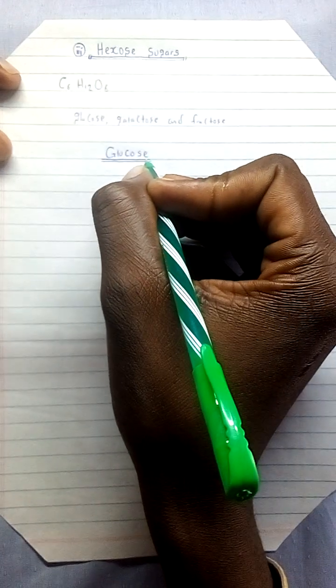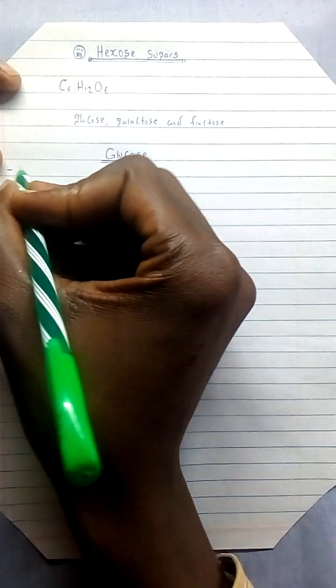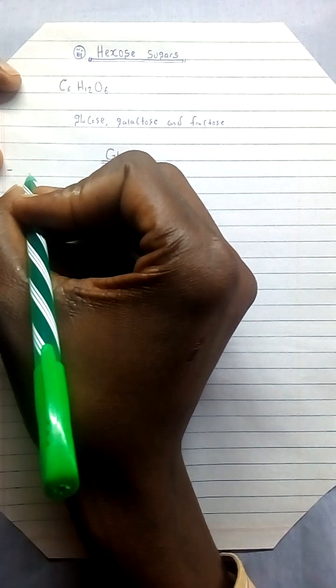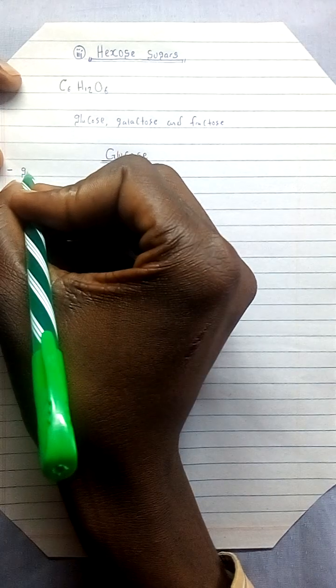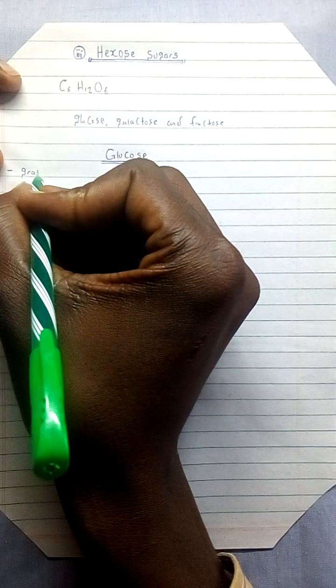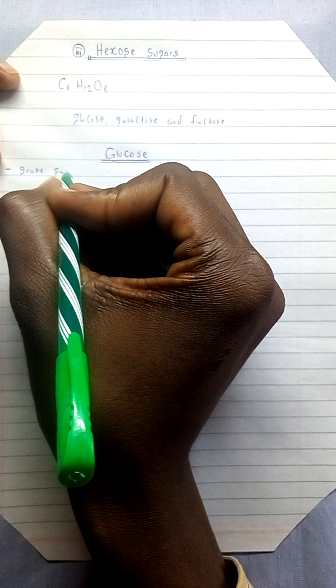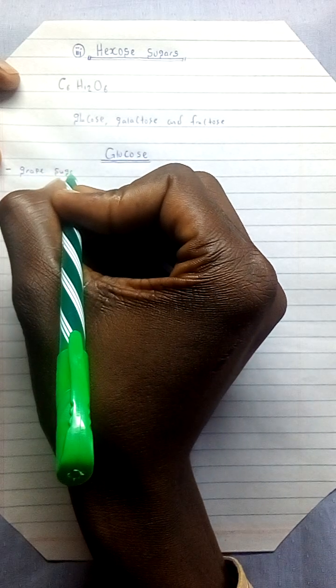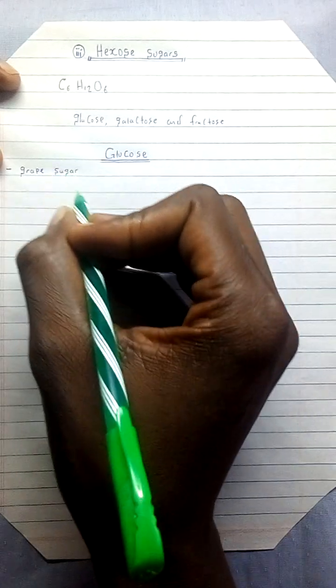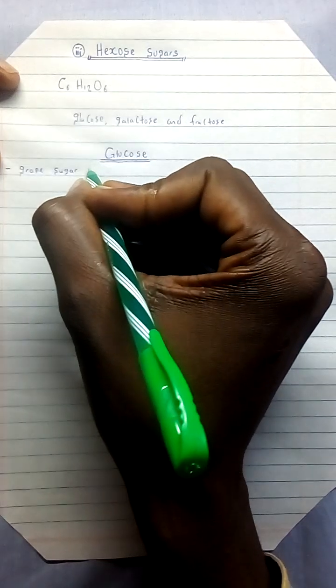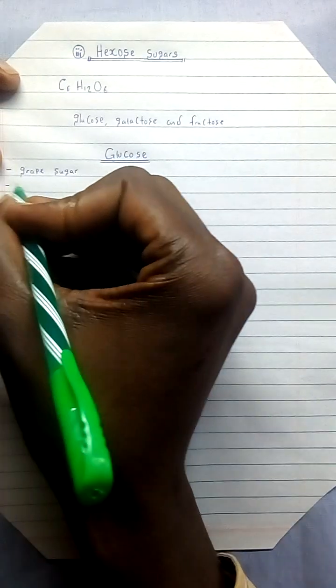Glucose is also known as grape sugar. We need to take note of this, and it is found in plants.